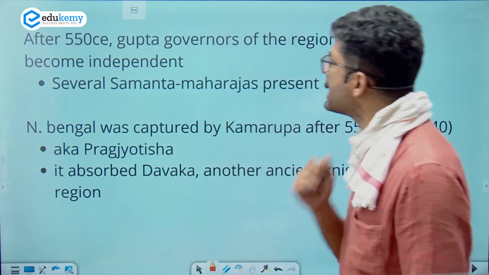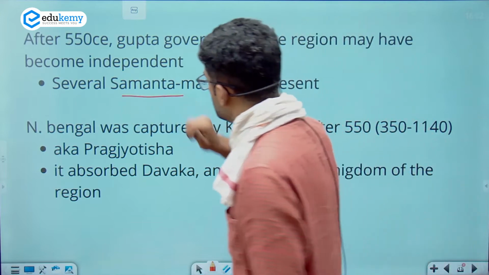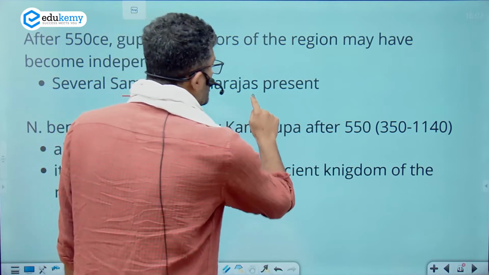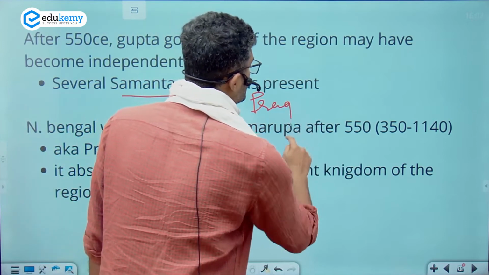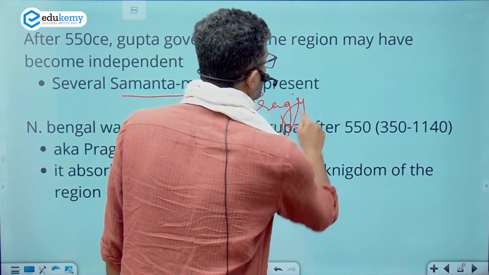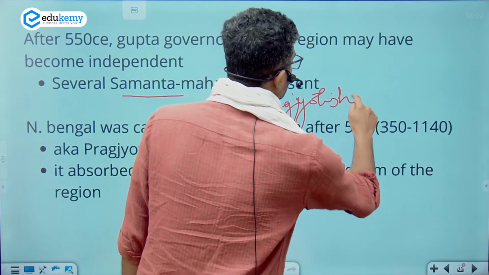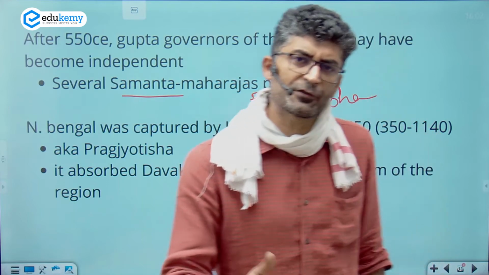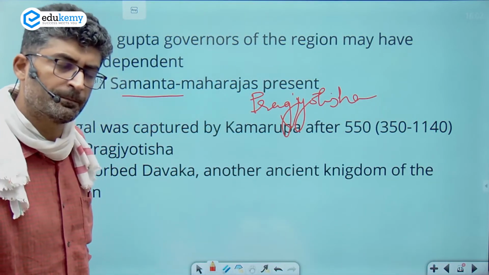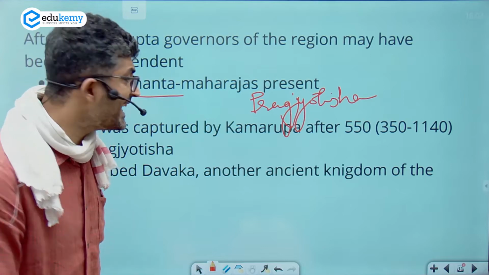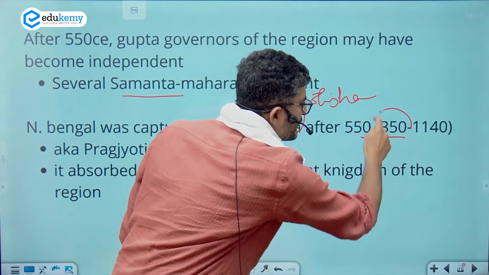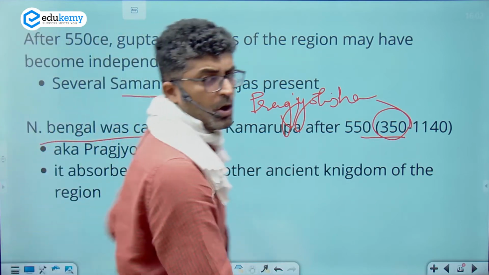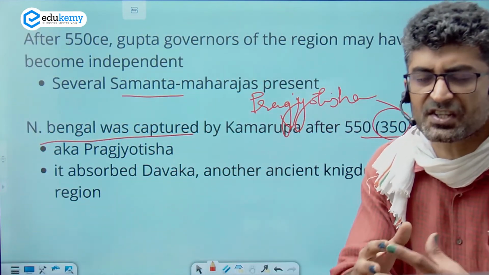At this point of time, one of the Samants, a family called Prag Jyotish, who have been present since 350, captured North Bengal in the middle of the 6th century.